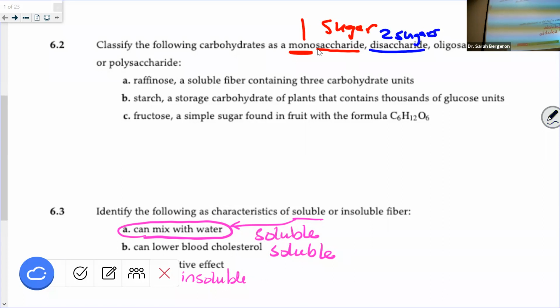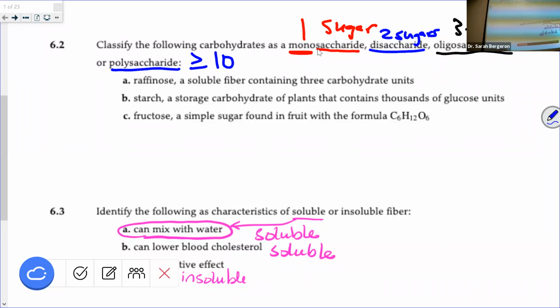Okay, now here's where it gets a little bit tricky. What's the difference between oligosaccharide and polysaccharide? What is oligo? 3 to 9 sugars. And then poly is greater than or equal to 10, right? So 10 or greater.